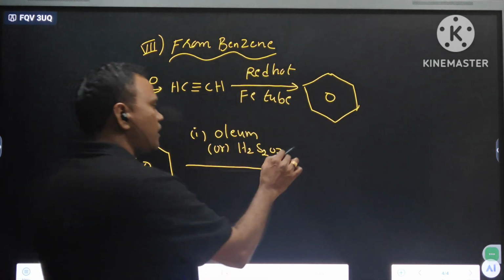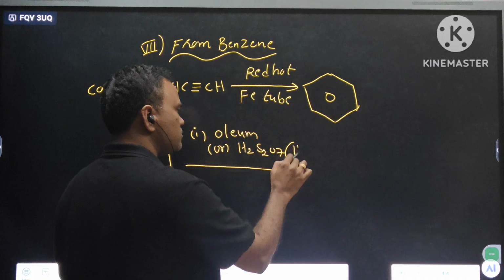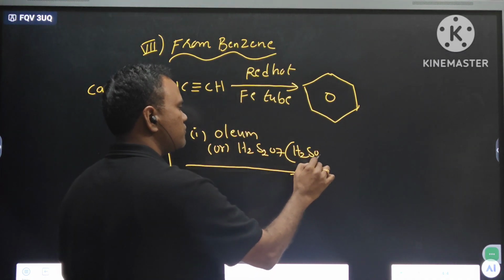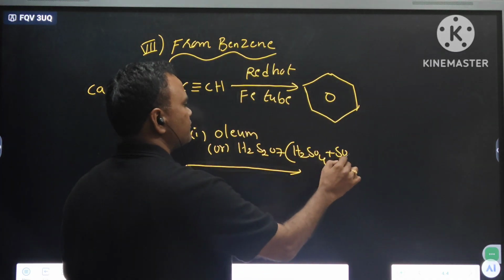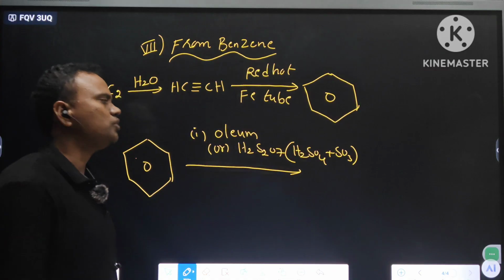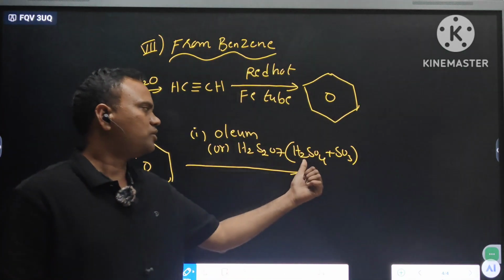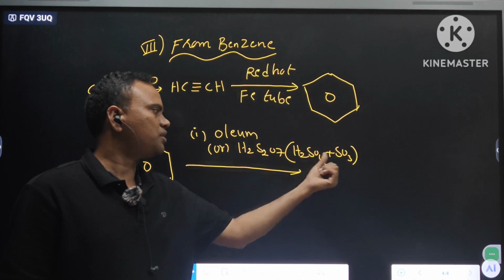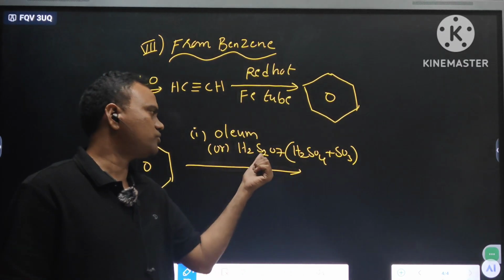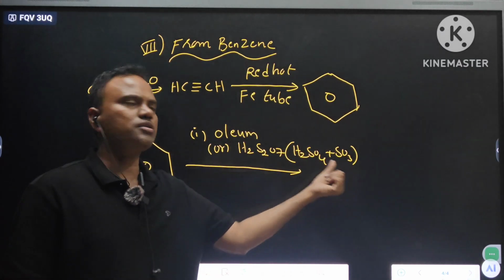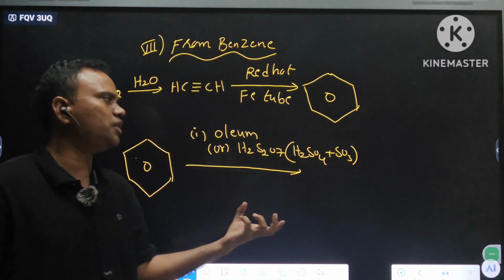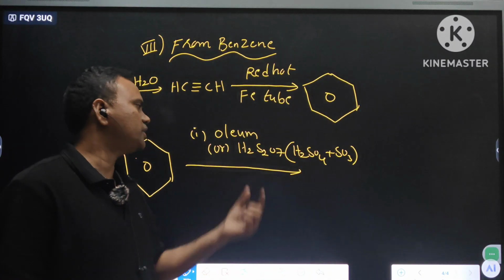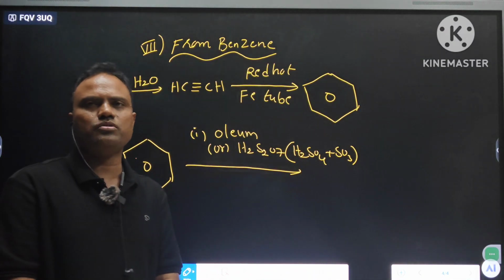H2S2O7 also represented like this, H2SO4 plus SO3. See, two hydrogens, two sulfurs, 4 oxygens plus 3 oxygens. So when you add SO3 to sulfuric acid, you get oleum, pyrosulfuric acid.